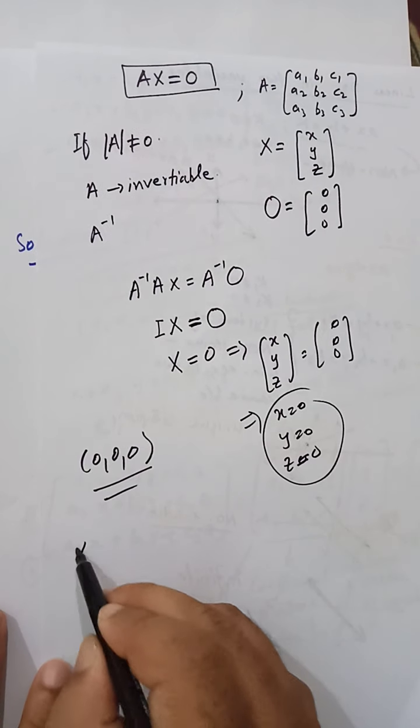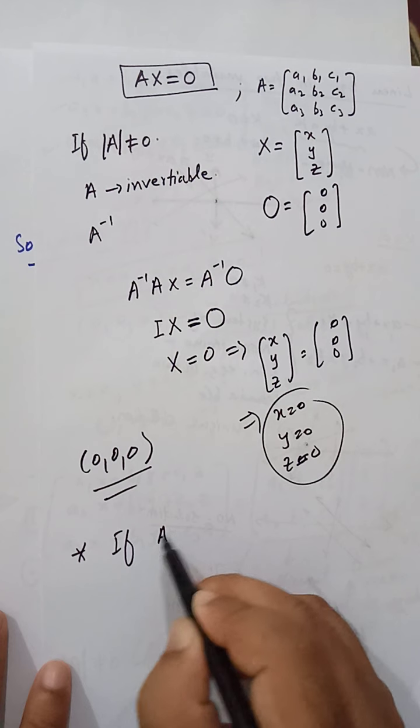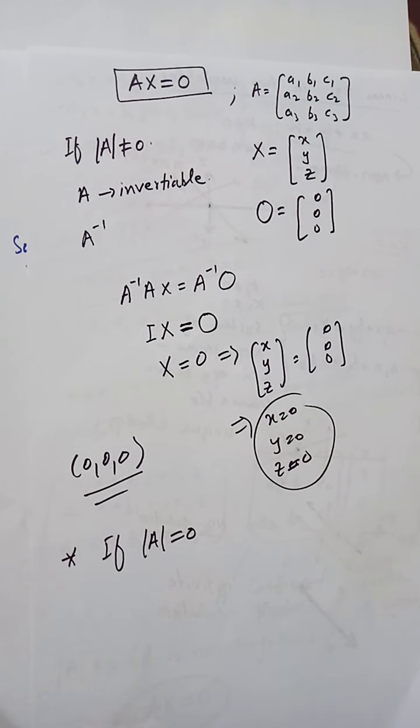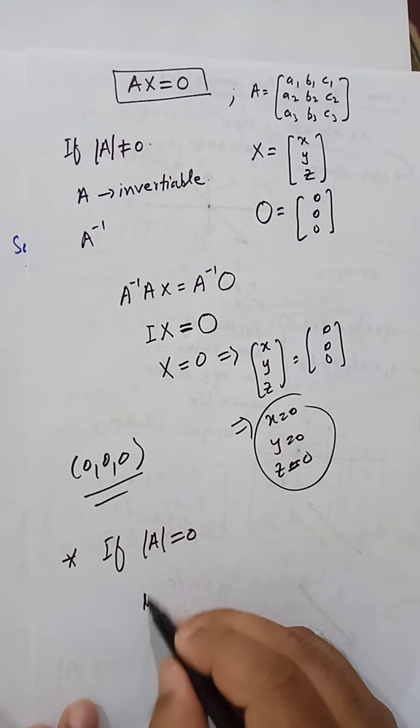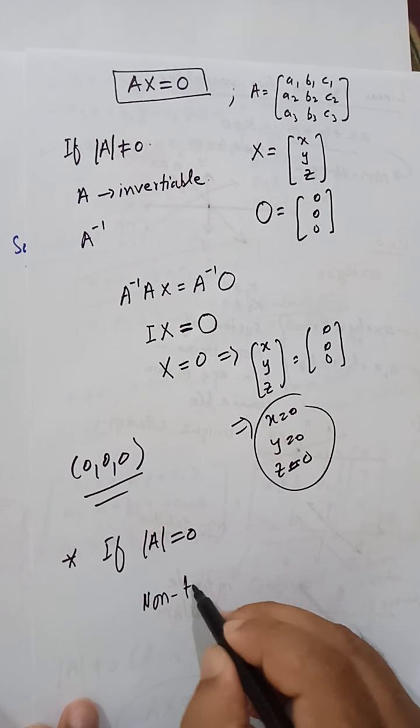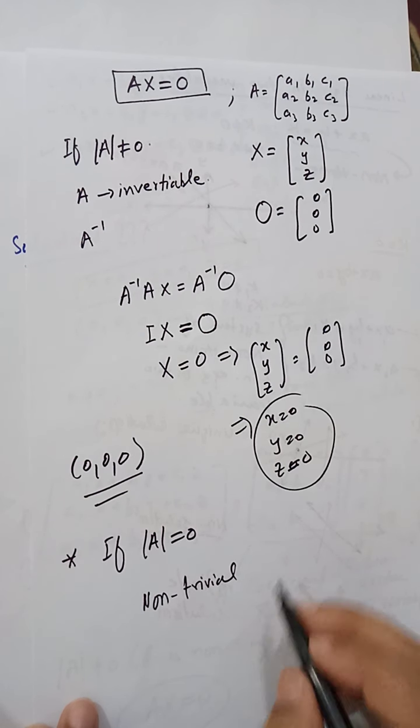And the next important point: if the determinant of the coefficient matrix A equals 0, meaning A is a singular matrix, then in that case we will get non-trivial solutions, meaning non-zero solutions.